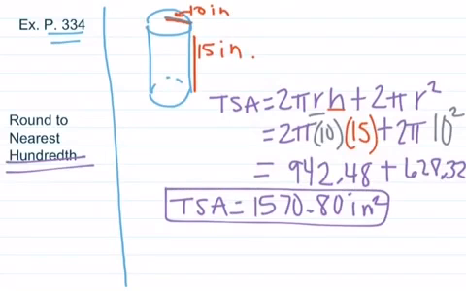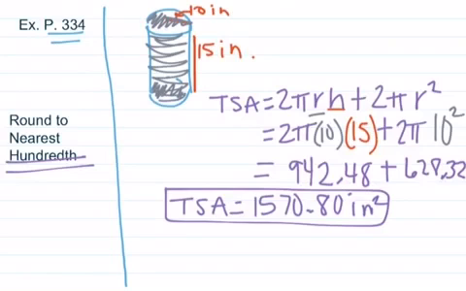Total surface area. So what that means is the space to fill both bases and all the way around your cylinder. So it'd be like the soup can label would be all around the sides, and you would even put a label over the top and the bottom. That would be your total surface area.